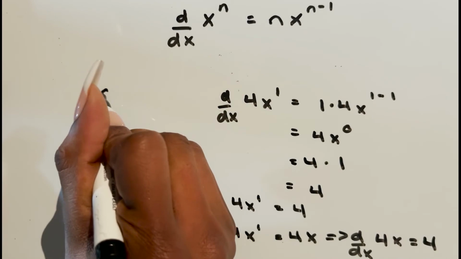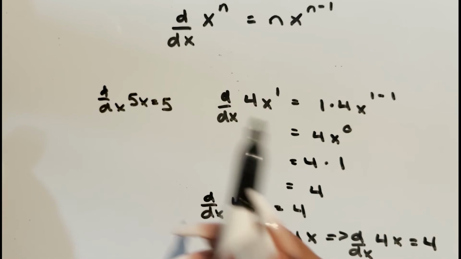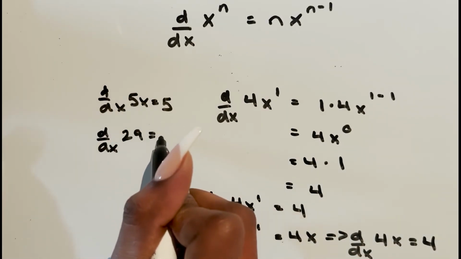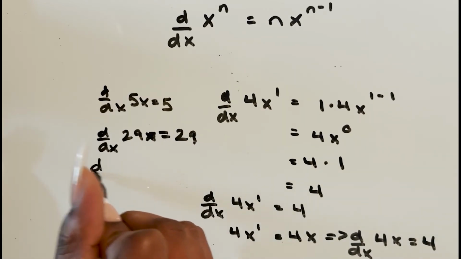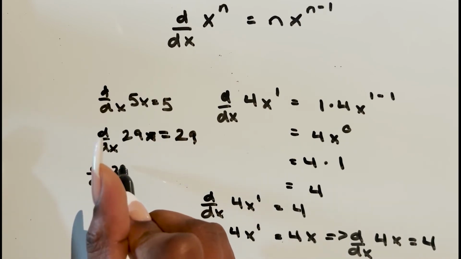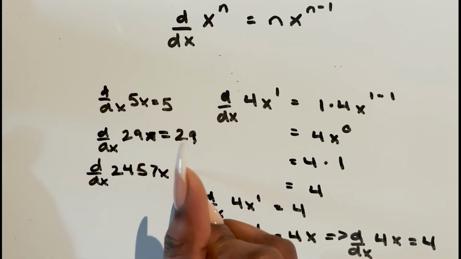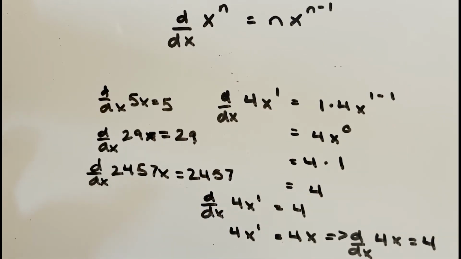Similarly, the derivative of 5x equals 5. The derivative of 29x equals 29. The derivative of 2,457x equals 2,457. Again, the derivative of a constant being multiplied by a variable simply equals the constant itself.